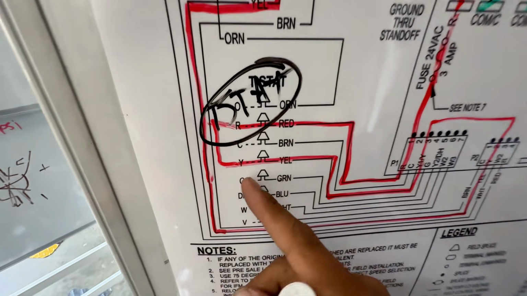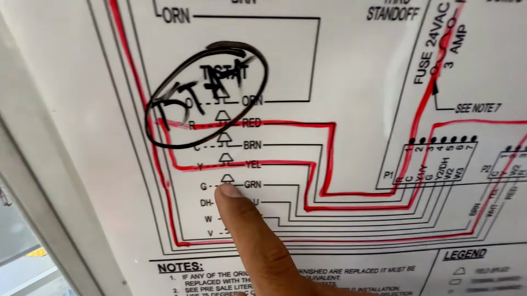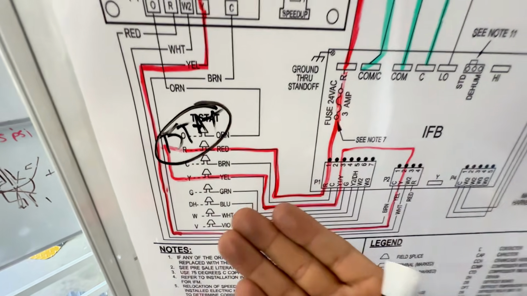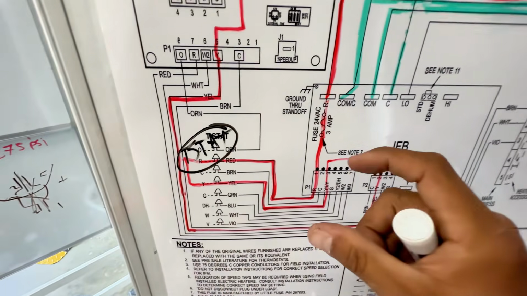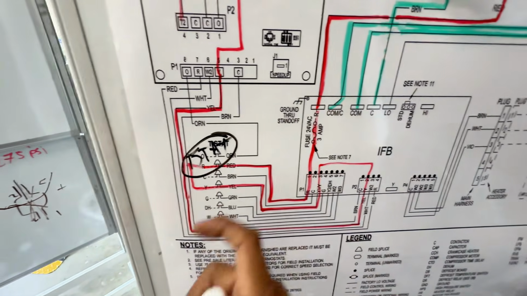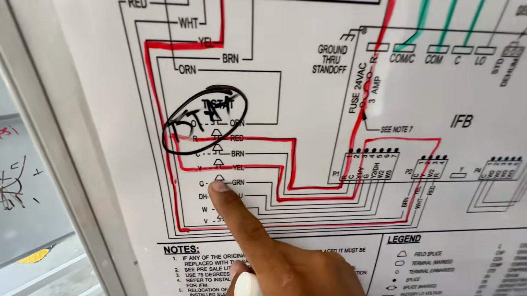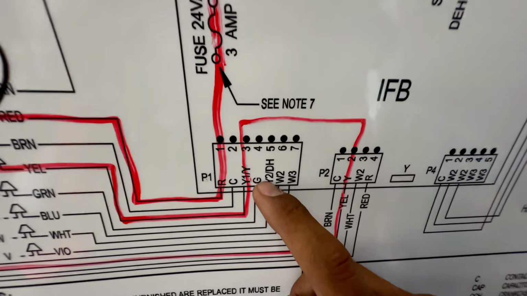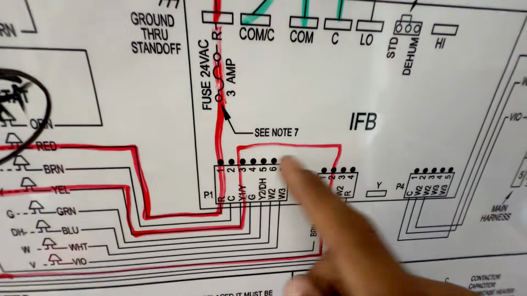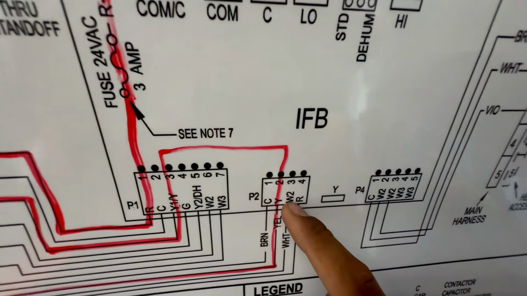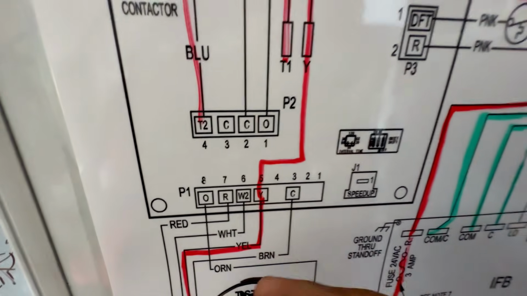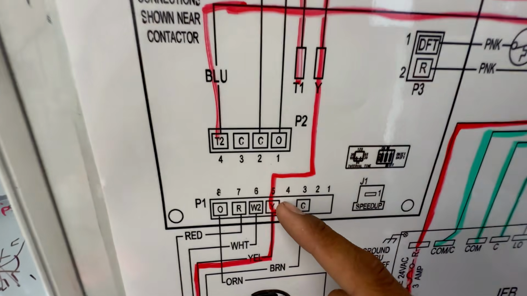So let's say I have a call for cooling, right? It sends 24 volts to my yellow one. And look how it is the same as the ladder wiring diagram. It is the same as when you saw me with Mario going through the wiring in the unit. It goes through the yellow wire, and then it goes to the Y1Y on the board, and then it comes out through the other one, Y. If you follow that, it goes to my defrost board on the Y, which we were able to see on the other board, on the other clip.